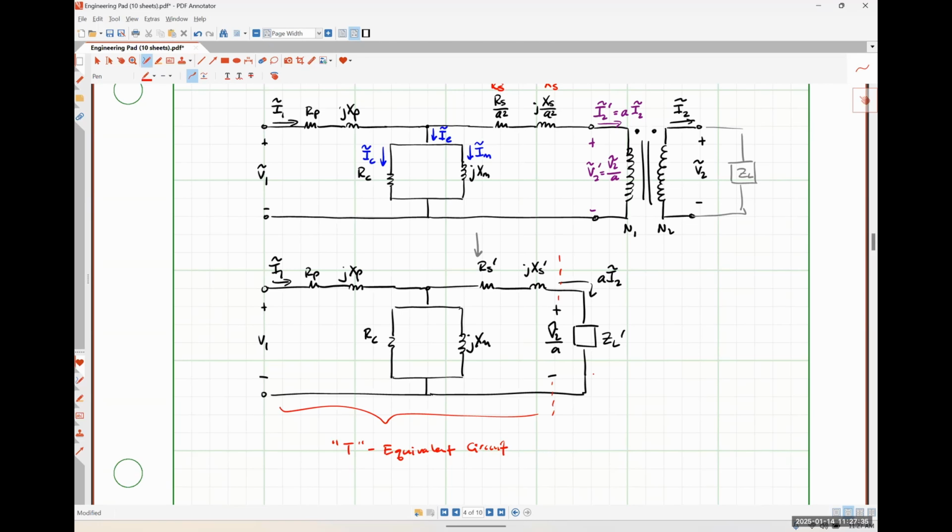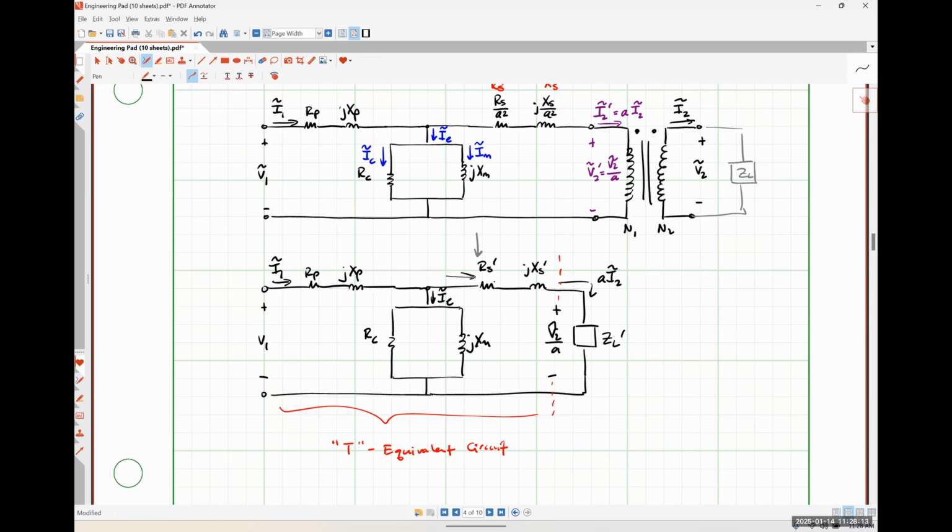The magnitude of the excitation current is very, very small compared to the rated winding current, meaning that our current IE, if I draw it in here really quickly, is really only 2 to 5% of I1, okay? Essentially meaning that almost none of I1 branches off and flows down through this excitation current.